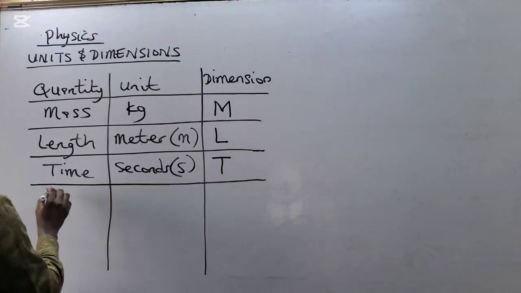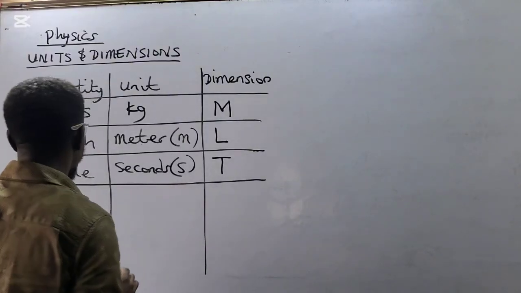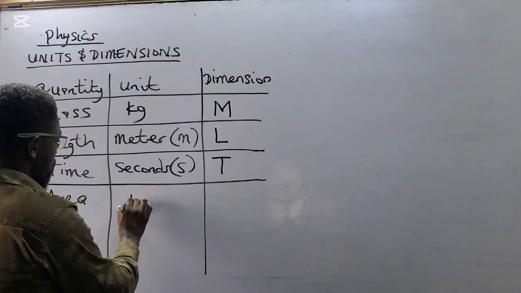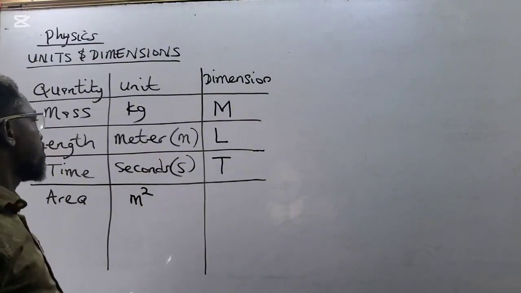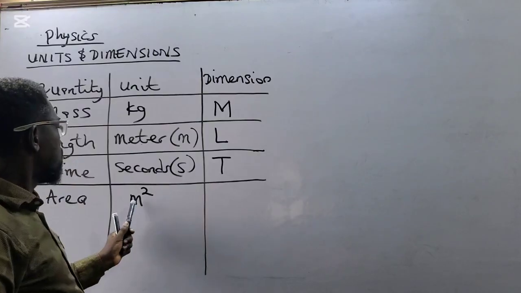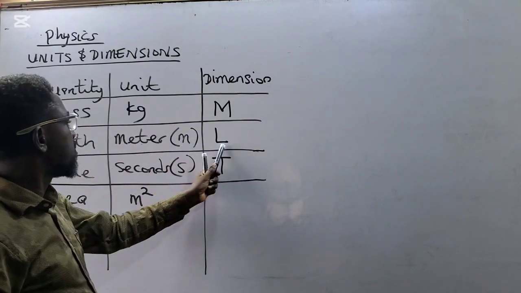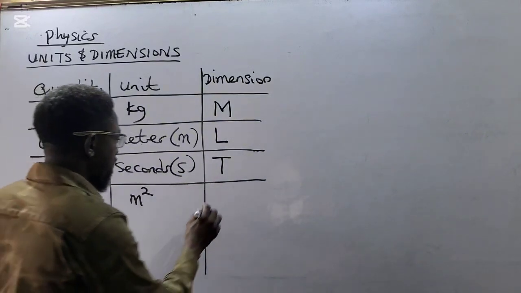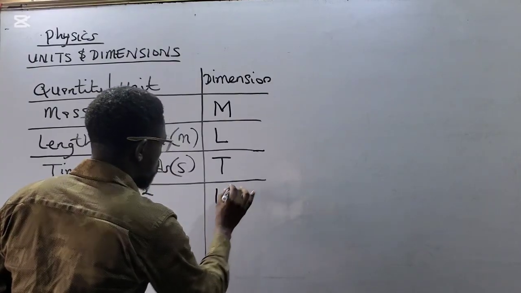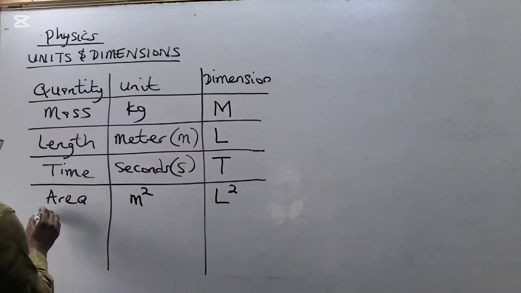Let's talk about area. The unit of area is meter squared, which is meter times meter. So the dimension for length is L, so the dimension for area, which we obtain from meter squared, becomes L to power 2.